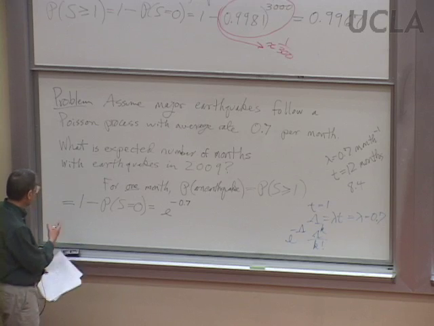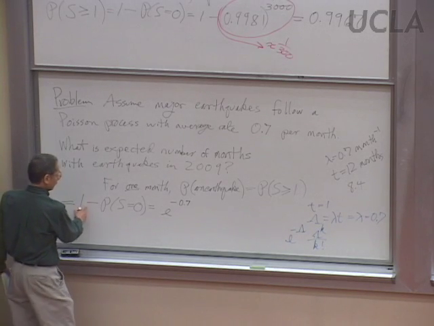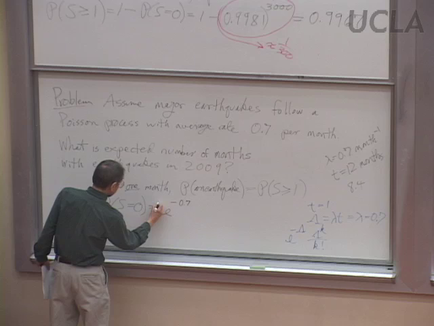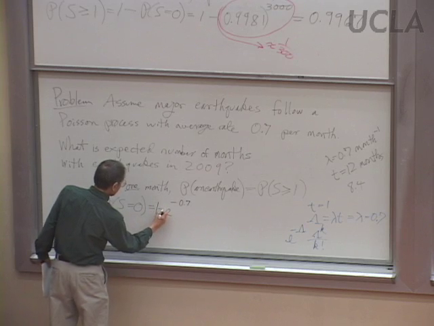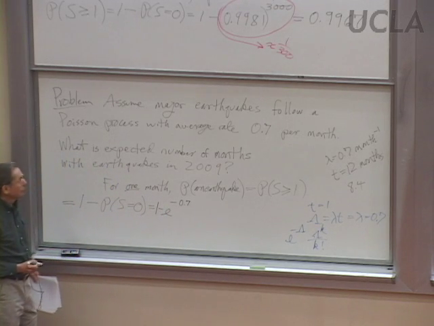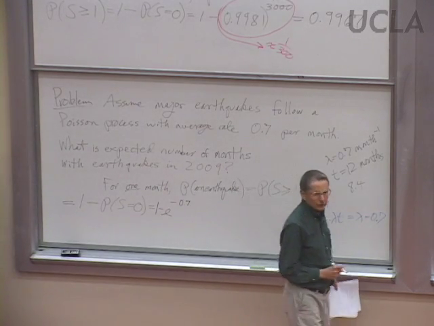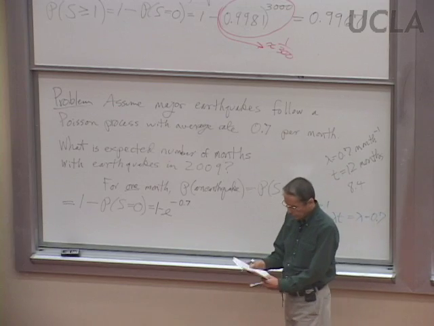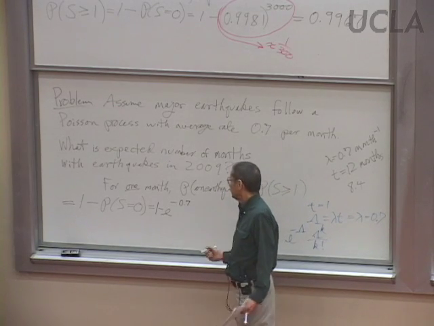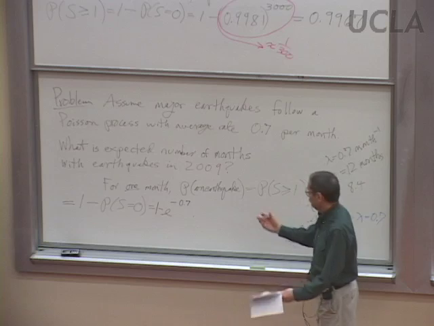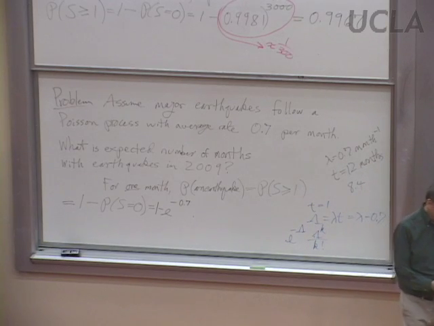Okay, so what I wrote down here is 1 minus the probability of 0 earthquakes. And we could ask our calculator what this is.